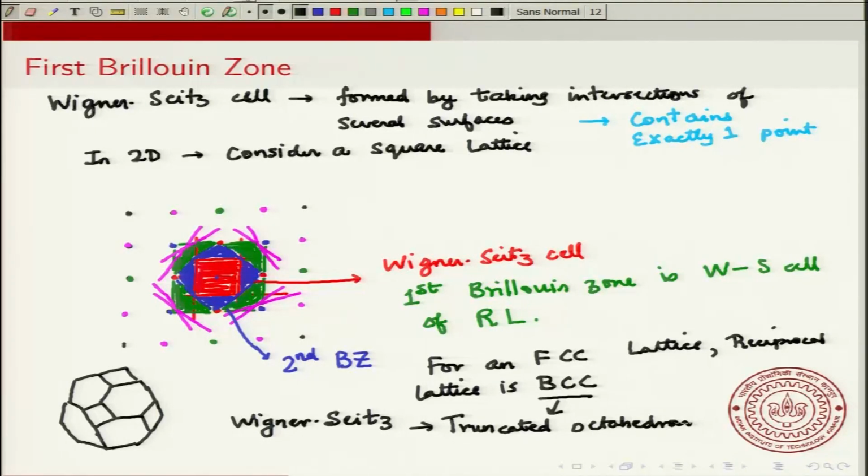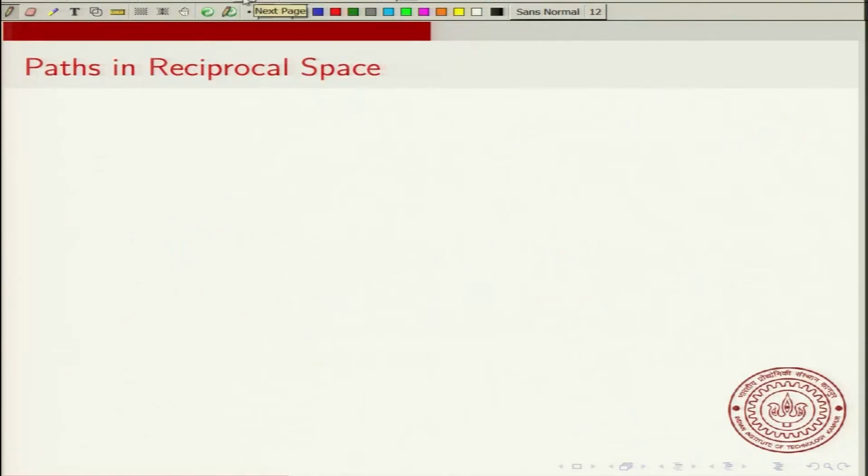Okay. So now what do we have? Earlier, when we wanted to show bands, we just showed energy as a function of k. But now you have energy as a function of k vector.